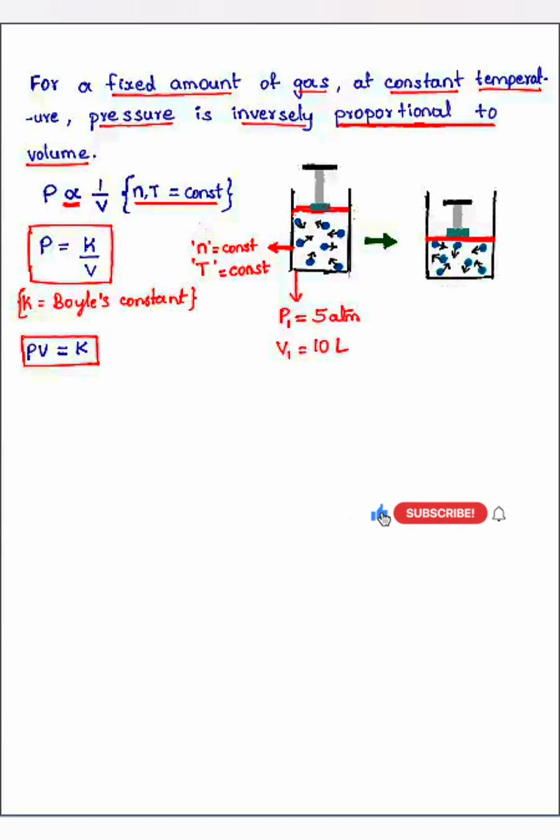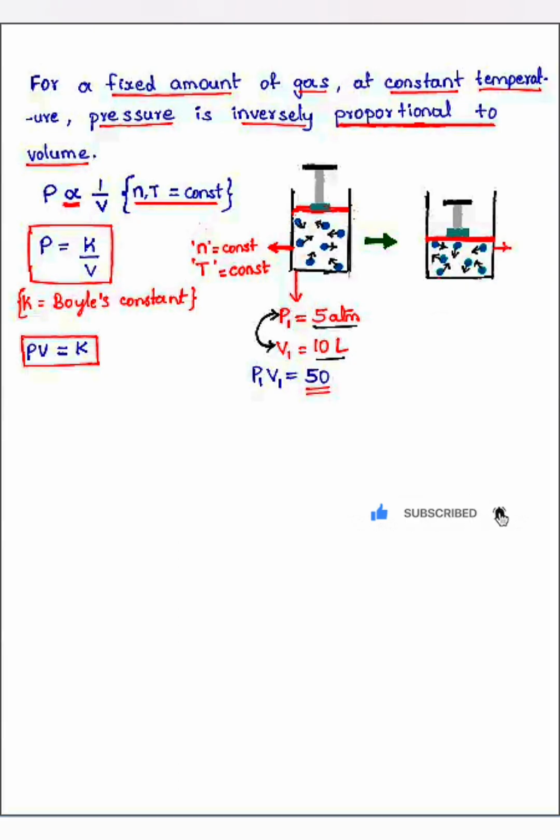Here we can see more volume and less pressure, so pressure is inversely proportional to volume, right? If I multiply these two, I get P1 V1 equals 50.